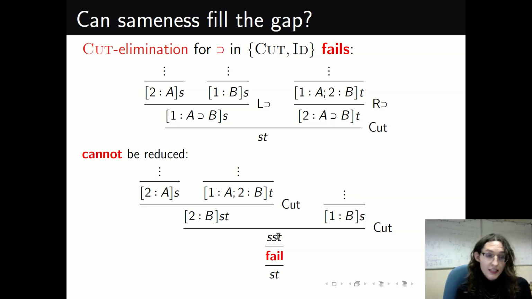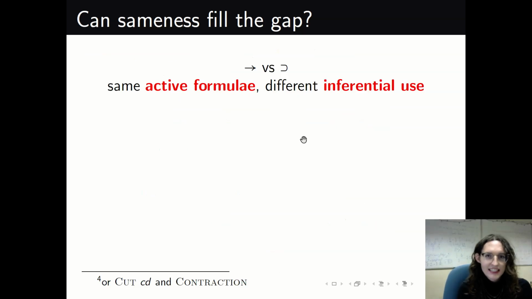Now we said harmony is a test for definability. This means what we've just seen is that the right arrow connective can be defined in the structural context of cut and identity, whereas the assorted connective cannot be defined in cut and identity. This means we can reason with the right arrow rule in cut and identity because it's definable, but we can't make inferences with the assorted connective rule in cut and identity.